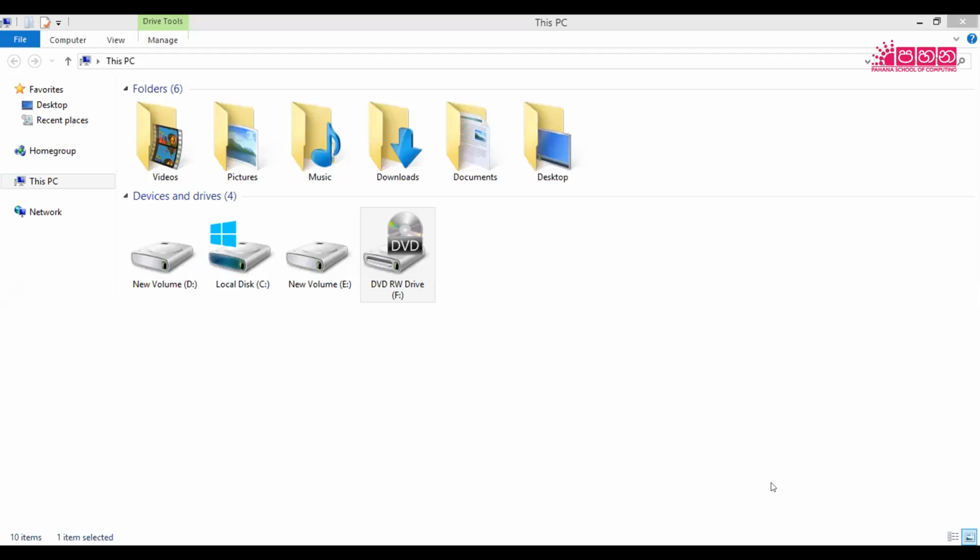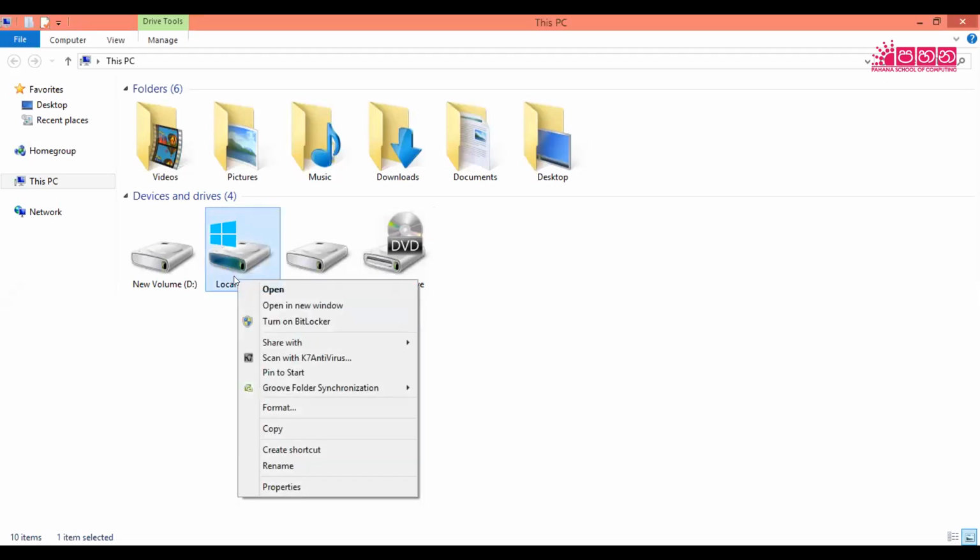Okay, so you have these C, D, E, and F. You can neglect F, but you can look at the hard disk space. So can you right click on C? Right click on C. Go to properties.